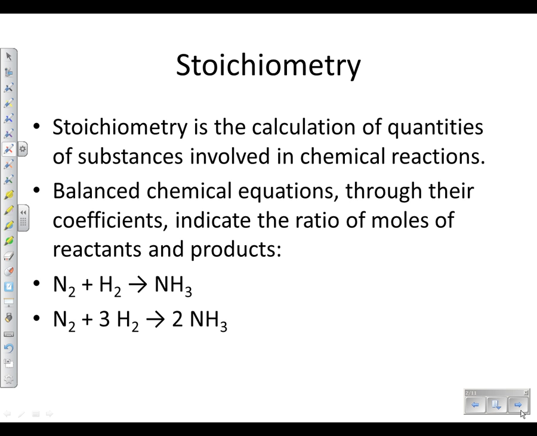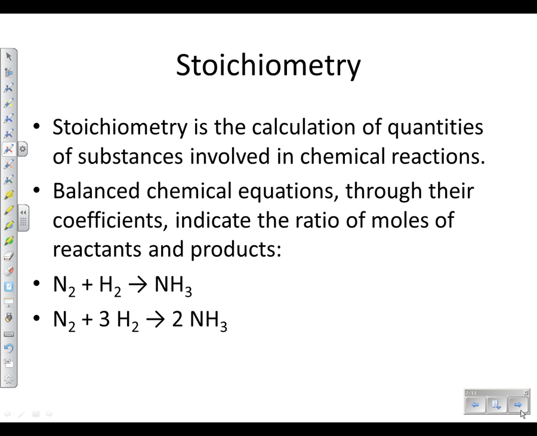Okay? Now, can I see 1 molecule of N2 reacting with 3 molecules of H2 to give me 2 molecules of NH3? Can I observe that happening? No. Why not? Way too small. But let's say I had 1,000,000 molecules of N2.